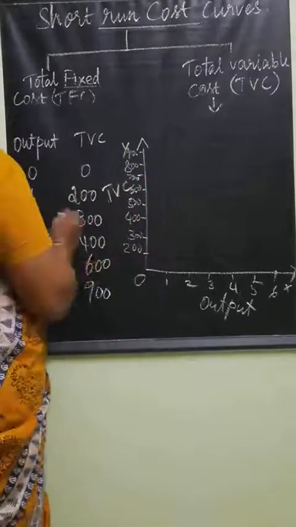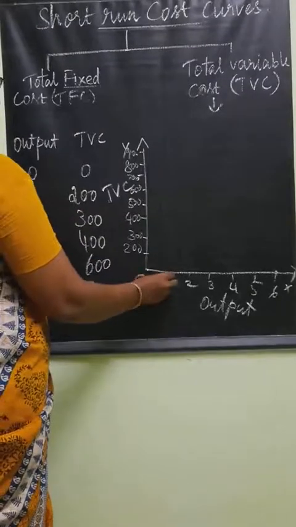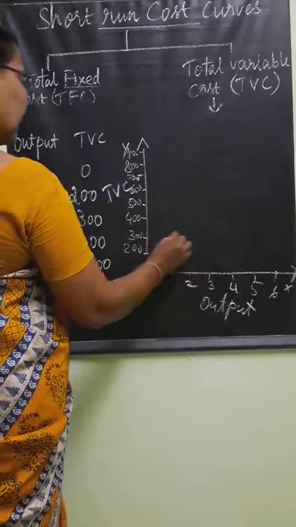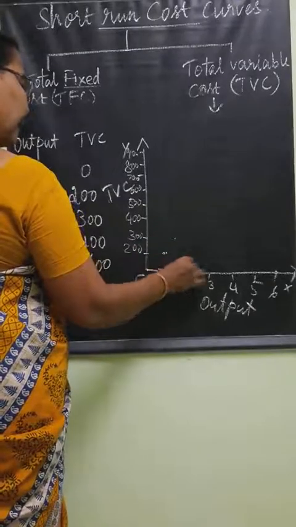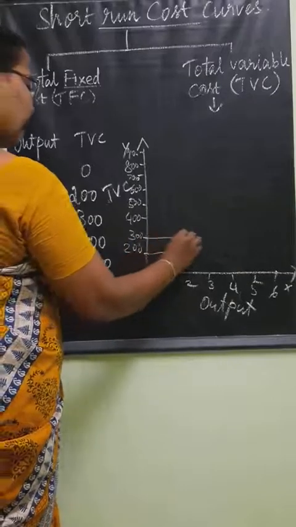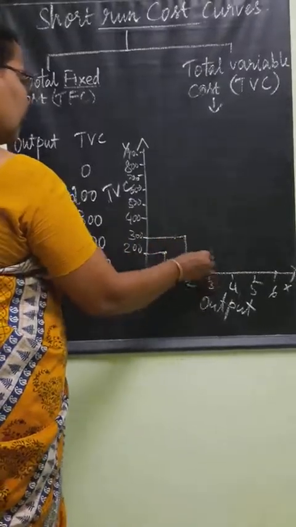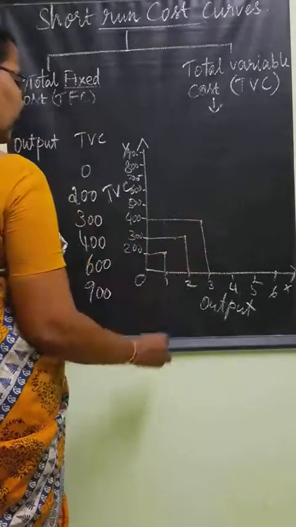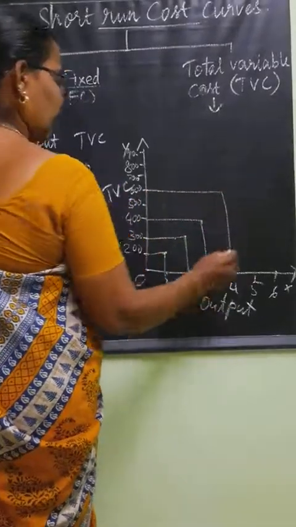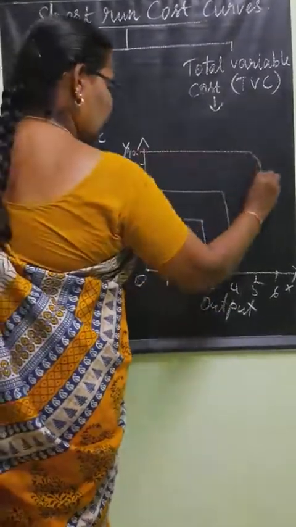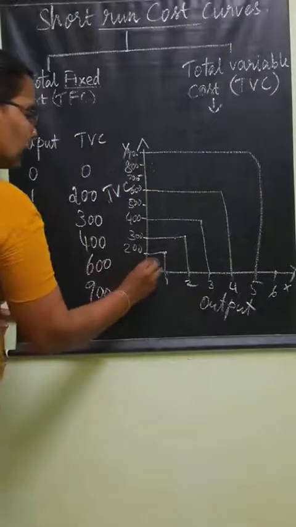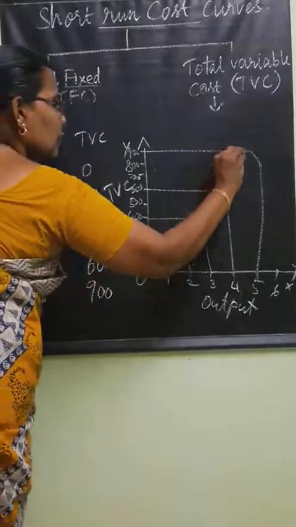How it will be? If it is 0, it is also 0. If it is 1, it is 200. If it is 2, it is 300. If it is 3, it is 400. If it is 4, it is 600. If it is 5, it is 900. So, how the curve will be? The curve will go like this, isn't it?